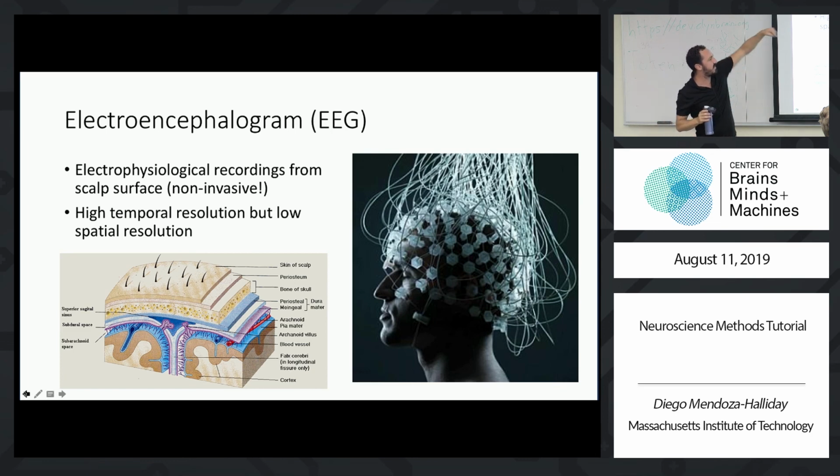But by putting several of them, you can actually help the resolution by fine-tuning with the inverse problem to where things might be occurring, which is similar to what magnetoencephalography can do. But with the advantage that you don't lose too much in temporal scale. So the timing of the signals is not that different from your local field potentials with an electrode, because it's electrical signals that transmit very, very quickly.